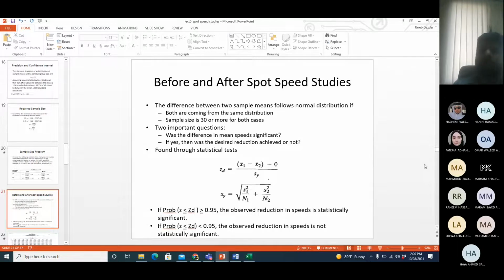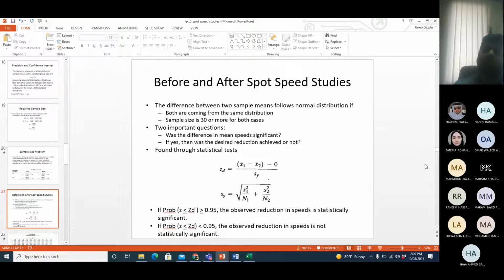Now this question will only come into the picture if the answer to the first question is yes. Again, what was the first question? Did we have a significant difference in the mean speeds of the before and after sample? If the answer to this question is no, then the answer to the second question is obviously no. If you did not achieve any significant difference in the speed, then obviously you cannot achieve your required value, because the required value is much lower than the value which you had before, right?